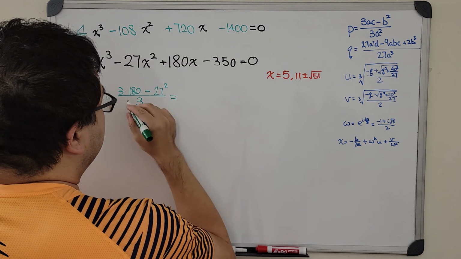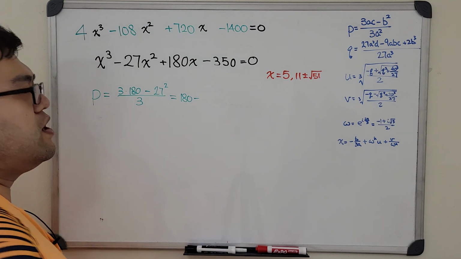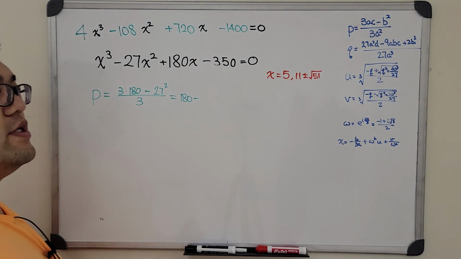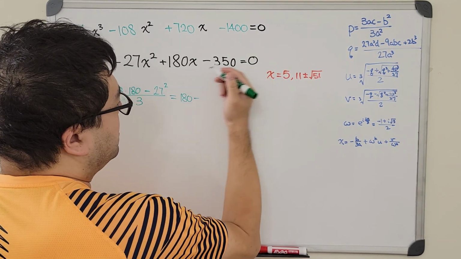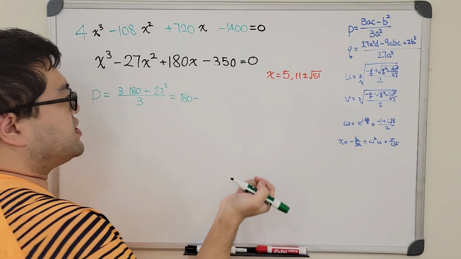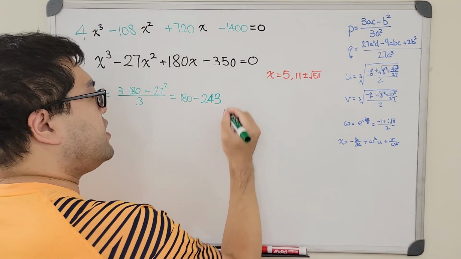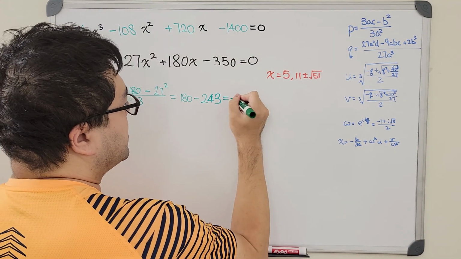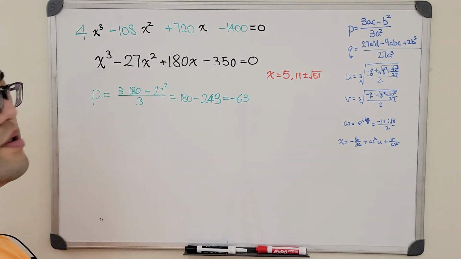So now we can just reduce it to get 180 minus 27 squared, where 27 is just 3 to the third power, so we'll have 3 to the 6th power. So divide by 3, so we still have 3 to the 5th power, which is equal to 243. Then we subtract it, we get negative 63. So this is our p value for this equation.